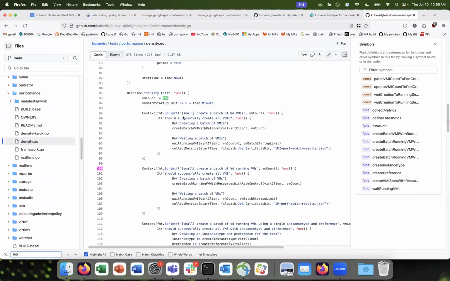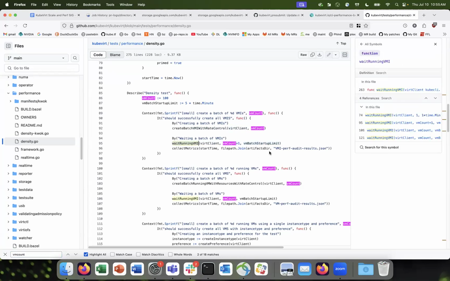Yeah, it should successfully create all VMs. It mentions wait running VMI. Yeah, I think that check on line 95 is what should assert that the pod is created and has gone into running state.